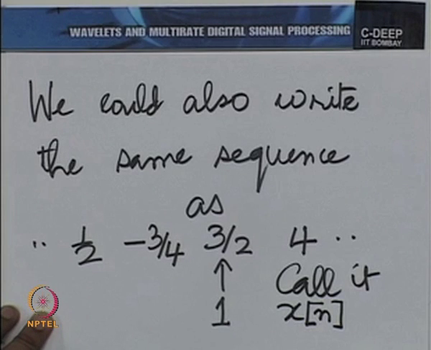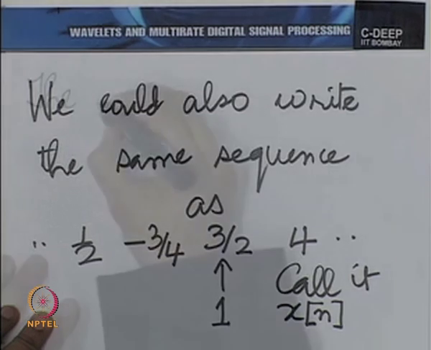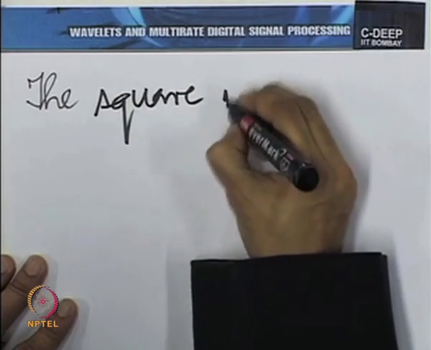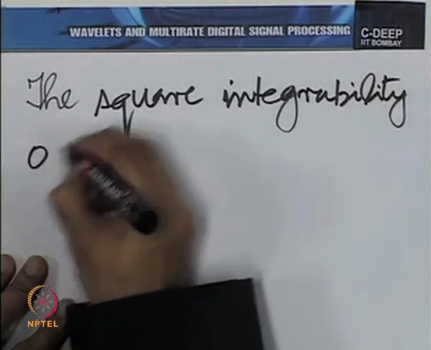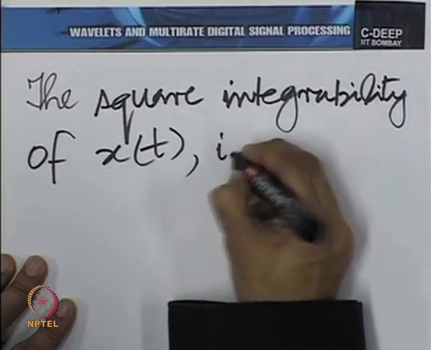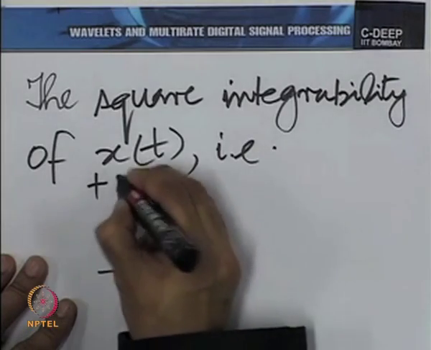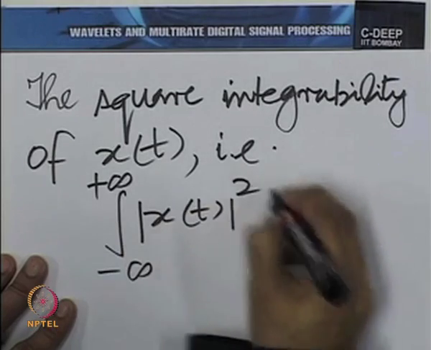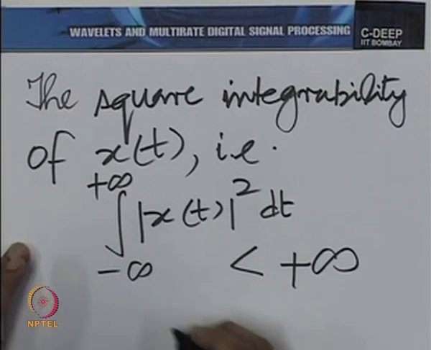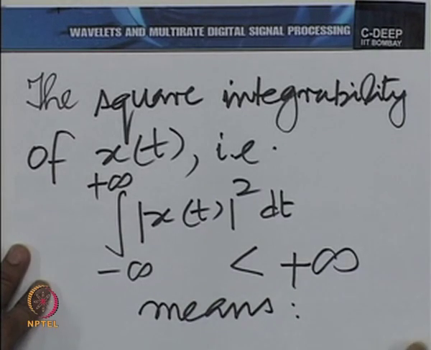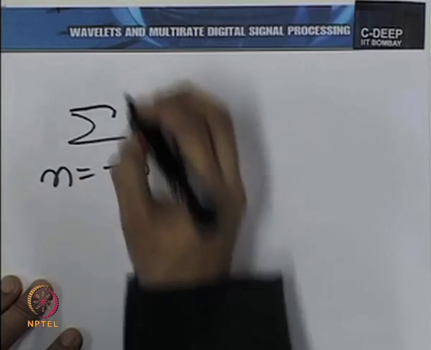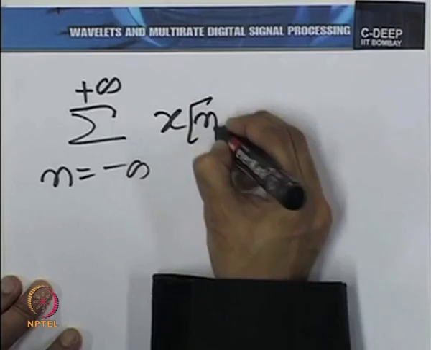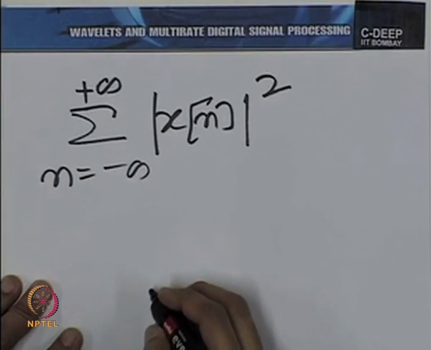In that case, the square integrability of x t, in other words, the fact that integral from minus to plus infinity mod x t squared dt is finite, means summation from n going minus to plus infinity, with the argument as mod x n squared, is also finite.